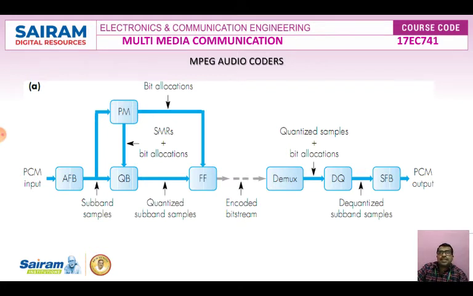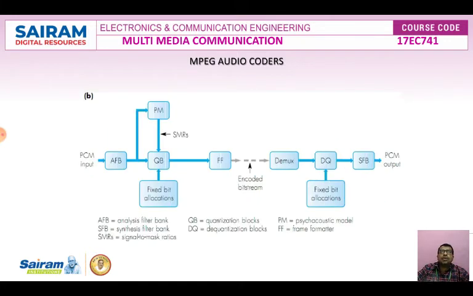So here the blocks are AFB, QB and FF, that is subband sampling, quantized subband samples and bit allocations, FF, which will be given to the destination demultiplexing, and DQ and SFB. The advantage of this model is that it can produce high quality, high fidelity signals.